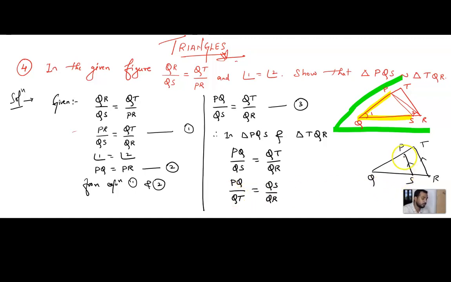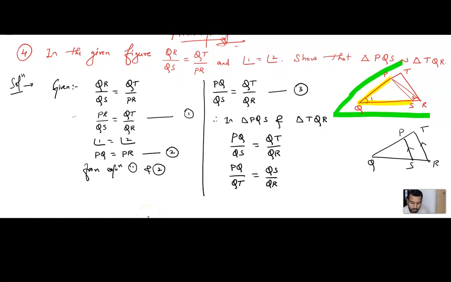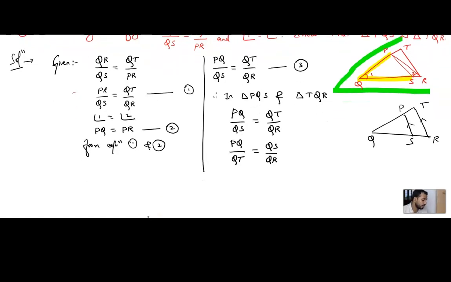So now what step did we get? PQ by QT, that is first half by full, is equal to QS by QR, right? Understood, children? Now what can we conclude? Therefore triangle PQS is similar to triangle TQR.